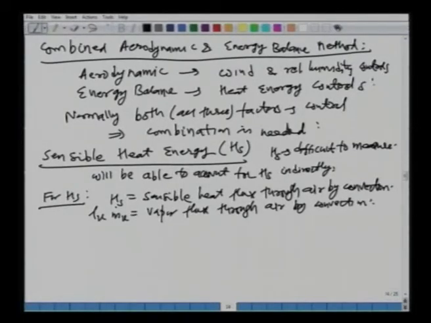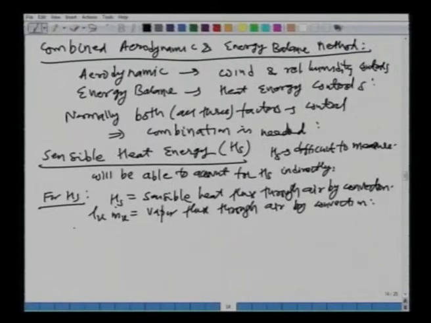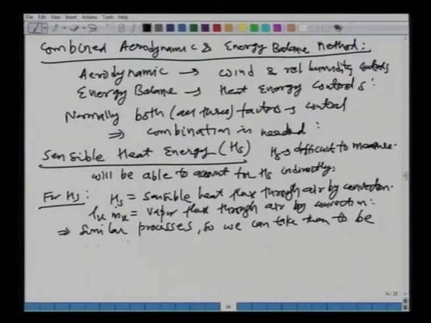So, what we are trying to say is that Hs, the sensible heat flux process, and Lv m dot V, the vapor flux process through the air, are similar processes, because they are caused by the process of convection. So, we can take them to be proportional to each other.